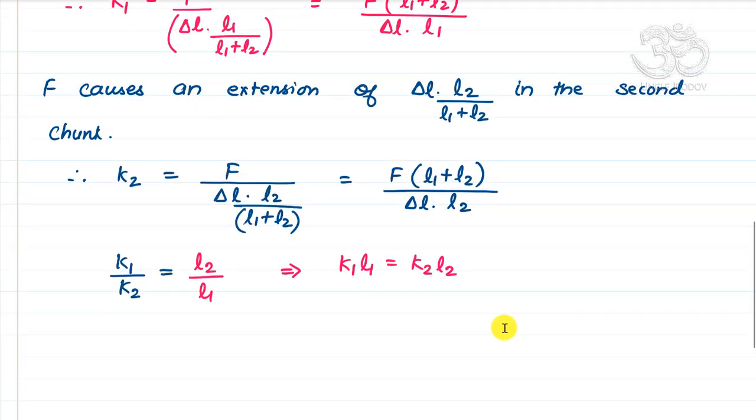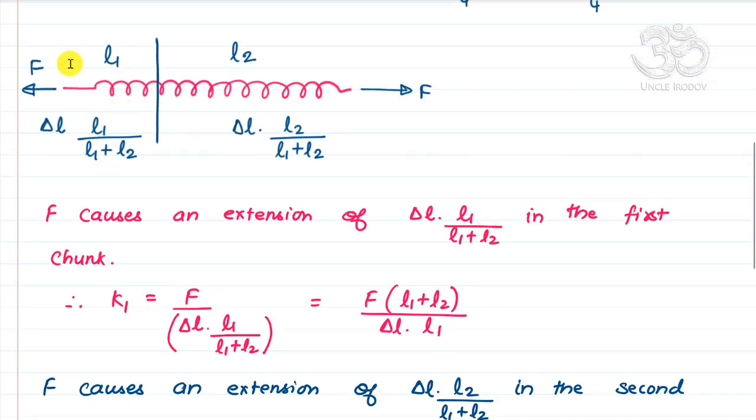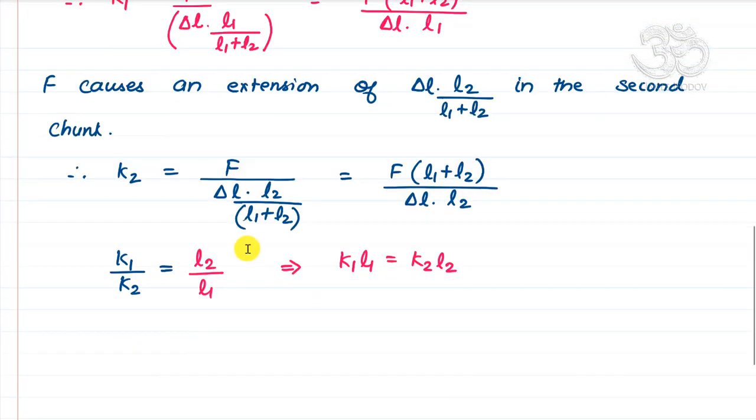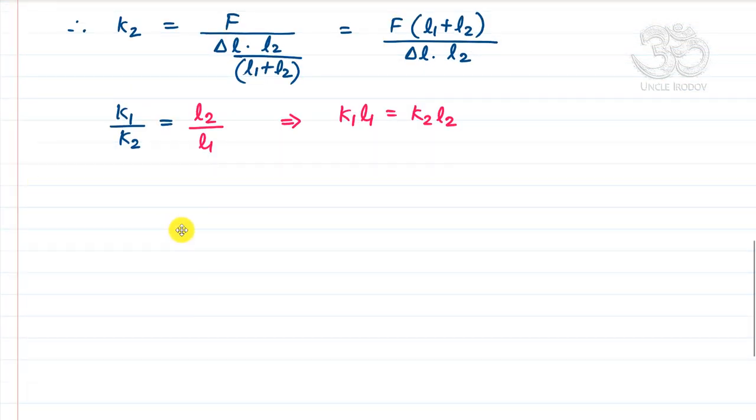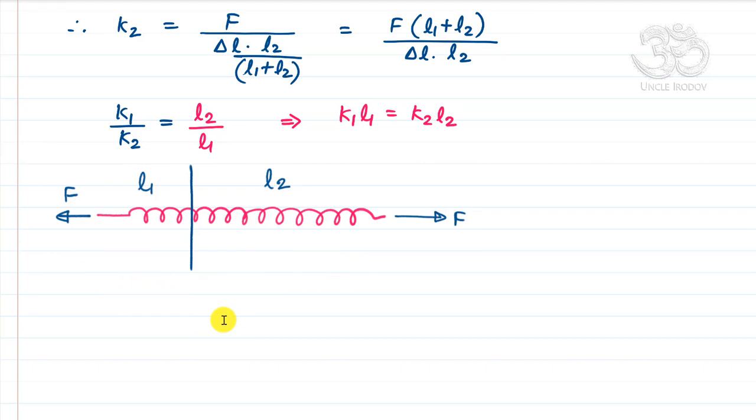Or if you don't want to go to that route, you can say that I've now got two springs. So this system, you are now saying, is equivalent to a system of two springs, with K1 being the spring constant of the first part, K2 being the spring constant of the second part, and you know the relation between K1, K2 and the total spring constant.